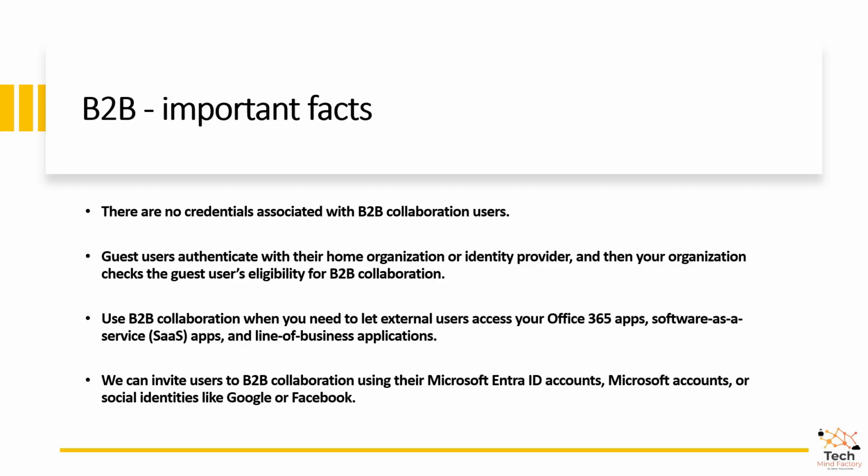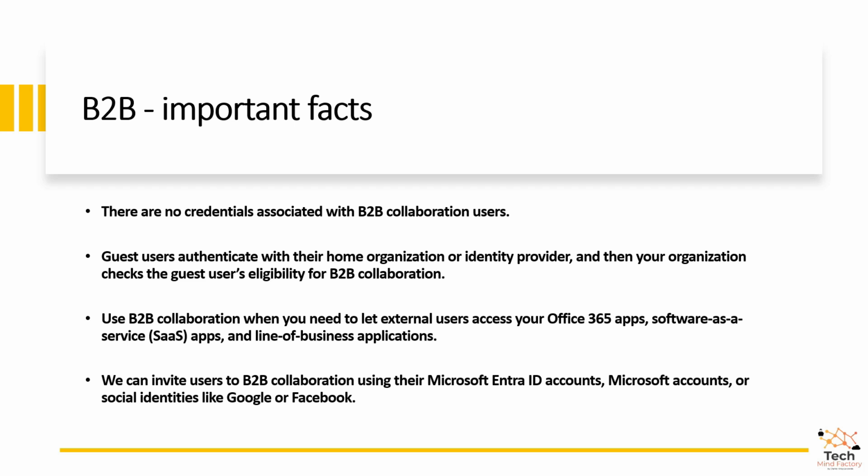In typical B2B collaboration, if we invite people as guest users, we have to do it as administrators. So I have to go to my Entra ID tenant, click invite user, provide the user email, and then the user will be invited as a guest user to my Entra ID tenant.